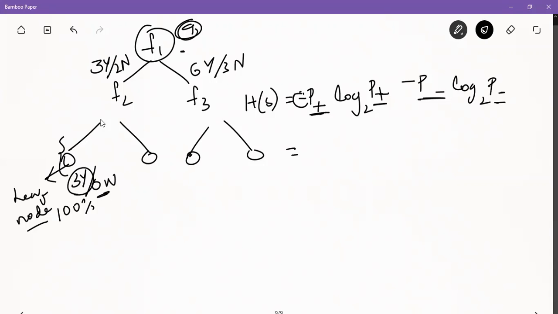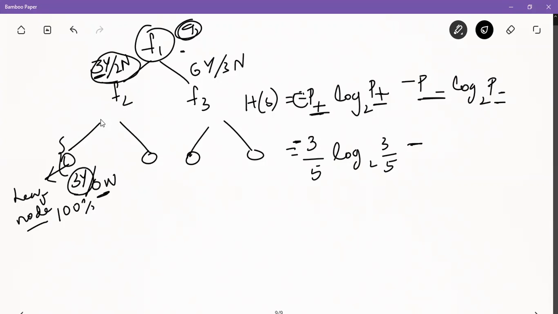implement this. The P positive would be minus 3 by 5, because there are a total of 5 and the positive classes are 3. So the probability of the positive classes will be 3 by 5, and then log 2, again 3 by 5, minus negative classes.